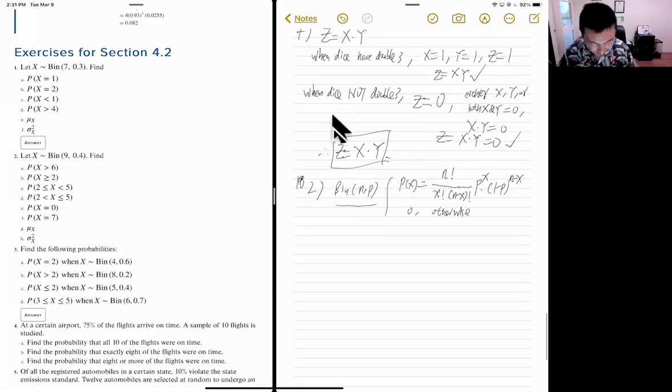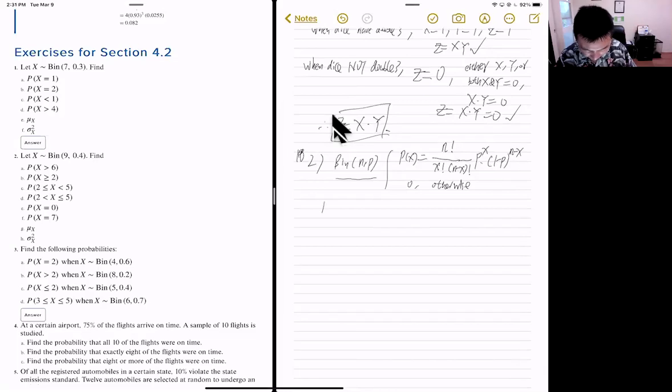So the question tells us it is binomial n 9, 0.4. Then we simply plug the numbers into the mass function here.